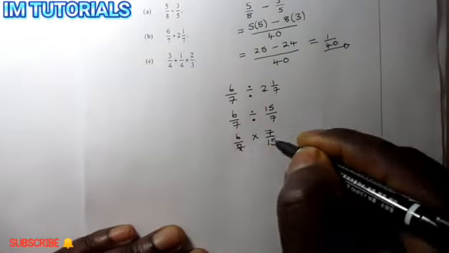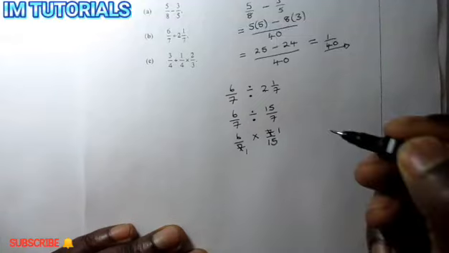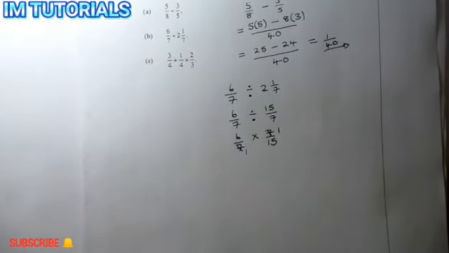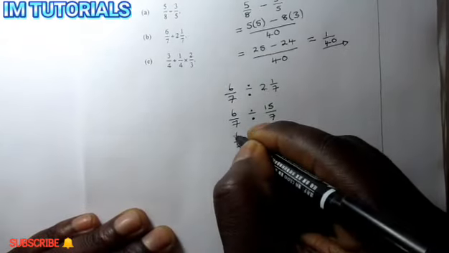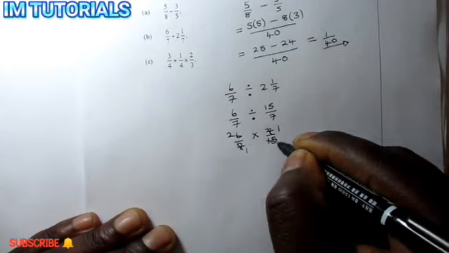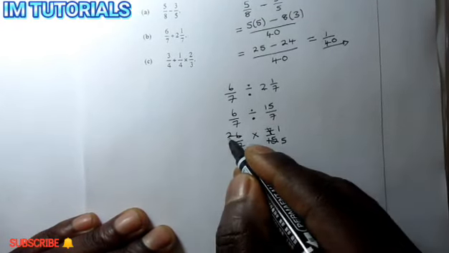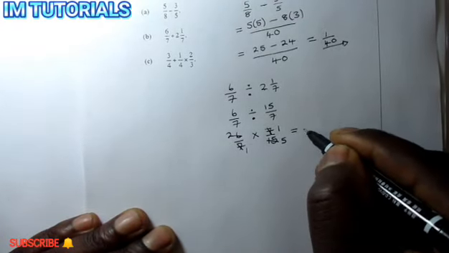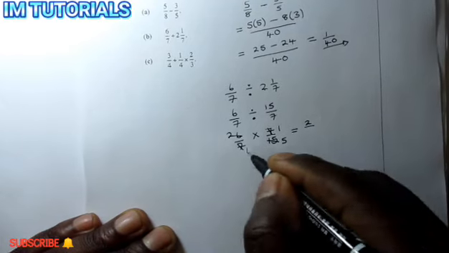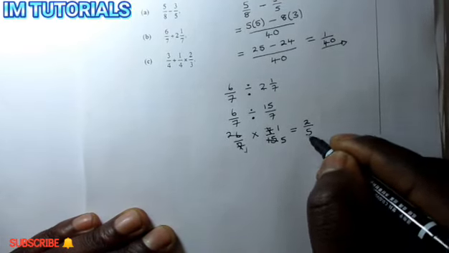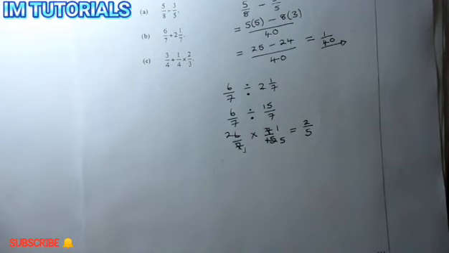So 7 into 7 you get 1, 7 into 7 you get 1. Then we have a number which is a factor of both 6 and 15, and that number is 3. 3 into 6 you get 2, 3 into 15 you get 5. So 2 times 1, it gives you 2. Then 1 times 5 you get 5. So 2 over 5 is your answer on part B.